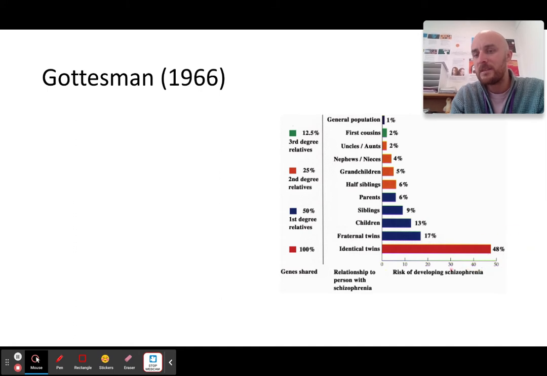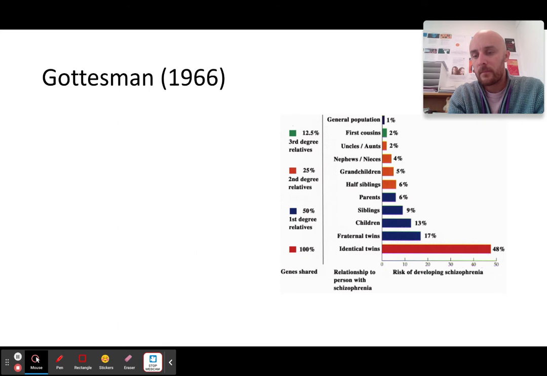You have a 48% chance. So straight off the bat, one thing you need to know about the genetic theory of schizophrenia is it does not fully explain schizophrenia. If it did and your MZ twin got schizophrenia, you would be certain to get schizophrenia.